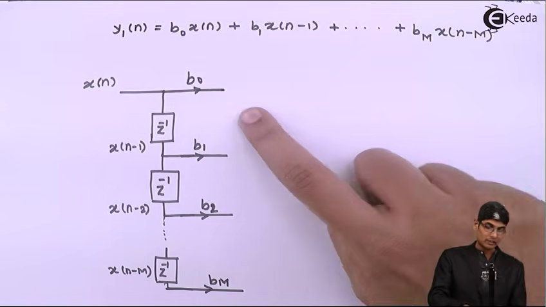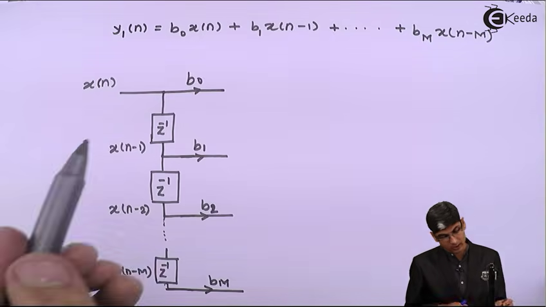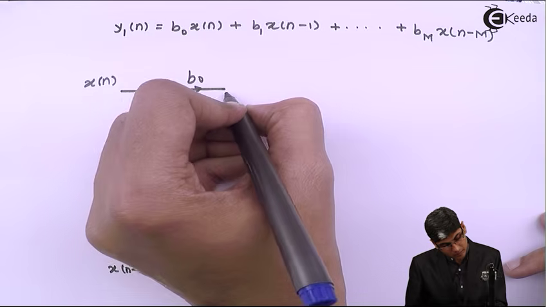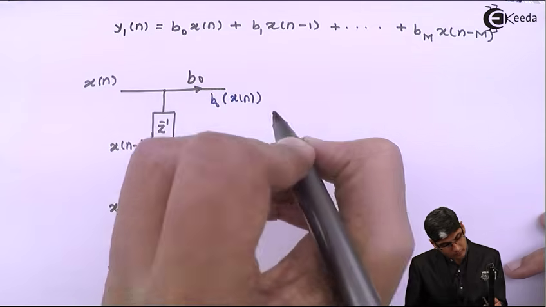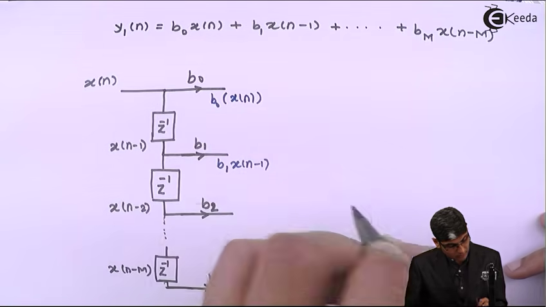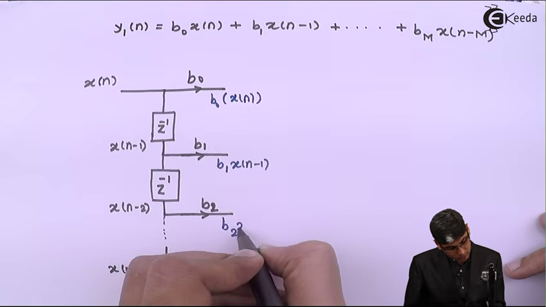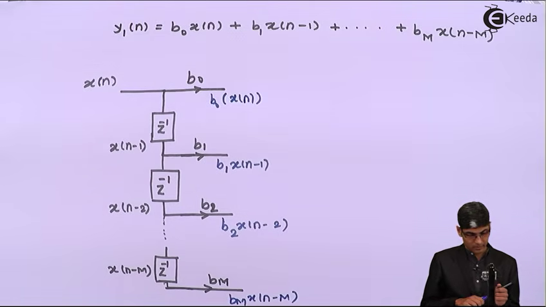Now we have multiplied. After multiplication, the factors that I am going to get at this line will be b0 into x of n. Then here I am going to get b1 x of n minus 1. Here I am going to get b2 x of n minus 2, and here I am going to get bm x of n minus m, right?